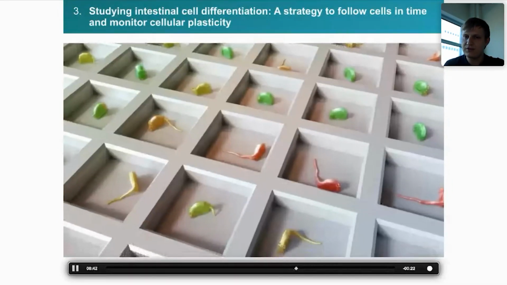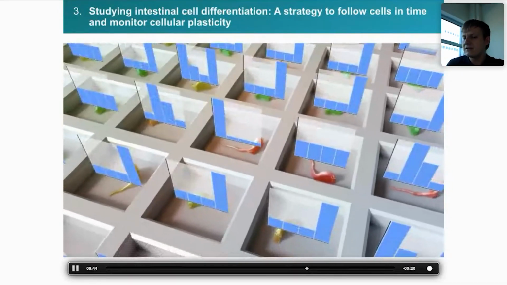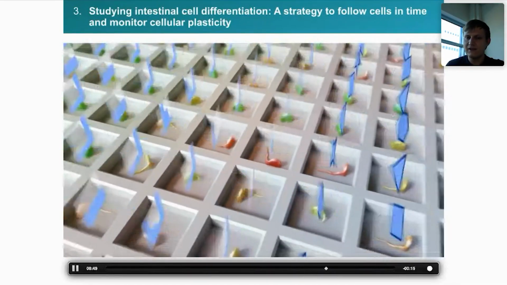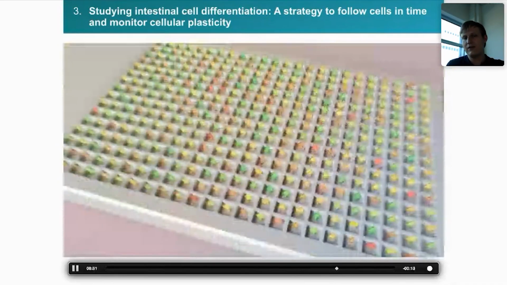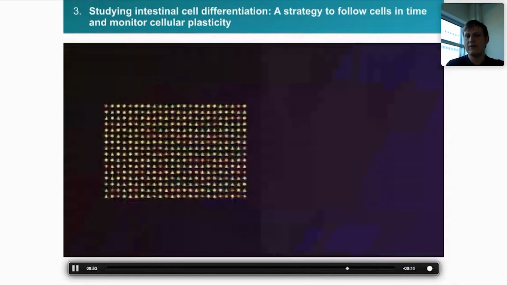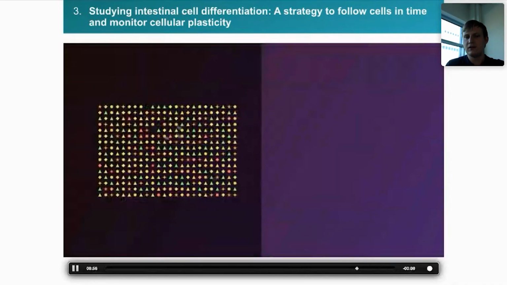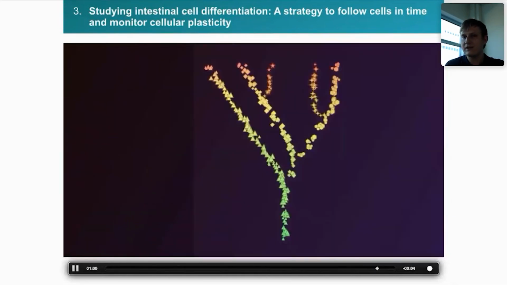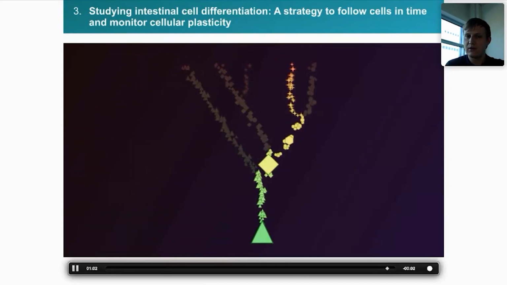As I said, you sequence the cells, and you get information about all the different genes that are expressed in these cells at a given time point. That allows you to extract information based on the whole lineage tree, when these cells form, and at which point there's a bifurcation for specialization, for differentiation, for taking over a new fate.